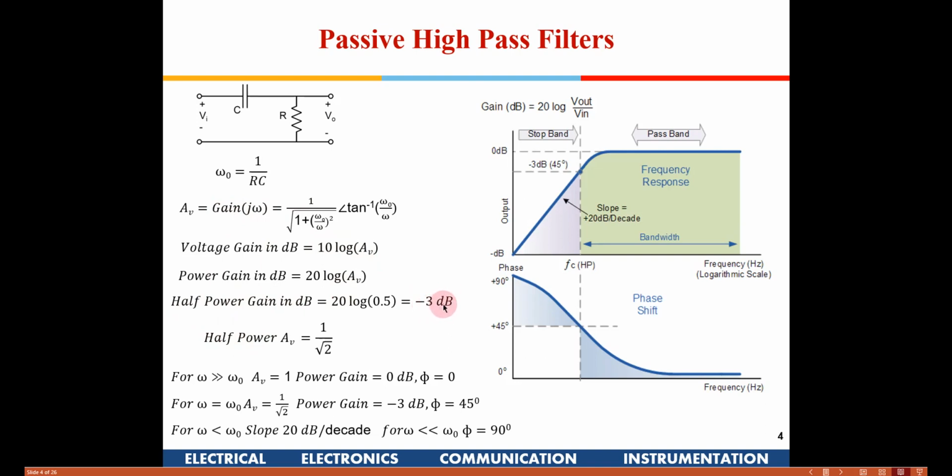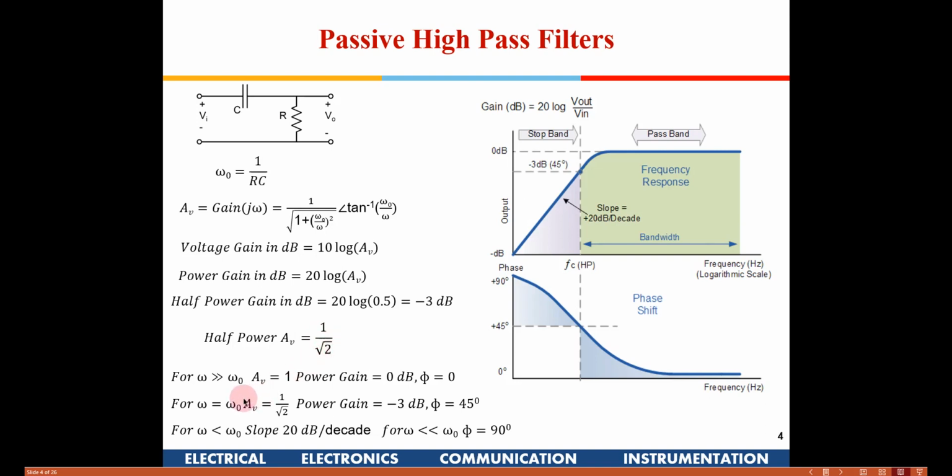That means when the power is reduced to half, it becomes minus 3 dB. The corresponding voltage gain at half power will be, because power is proportional to V square, the amplitude has to come to 1 by root 2 for the power to reduce to half. So voltage gain will be 1 by root 2 at the half power point, and the power will be 1 by 2.